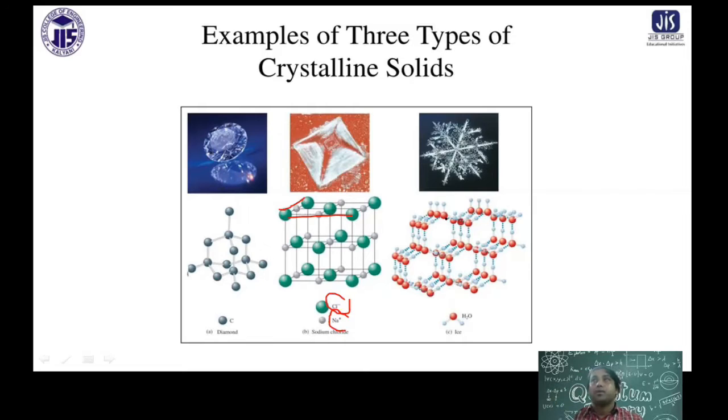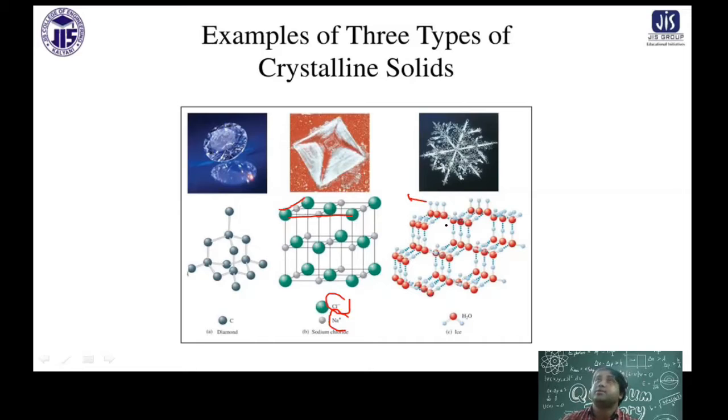So there is a structure of ice, sodium chloride, and diamond. You can realize this for ice: these are arranged after a definite gap. A definite arrangement is there.